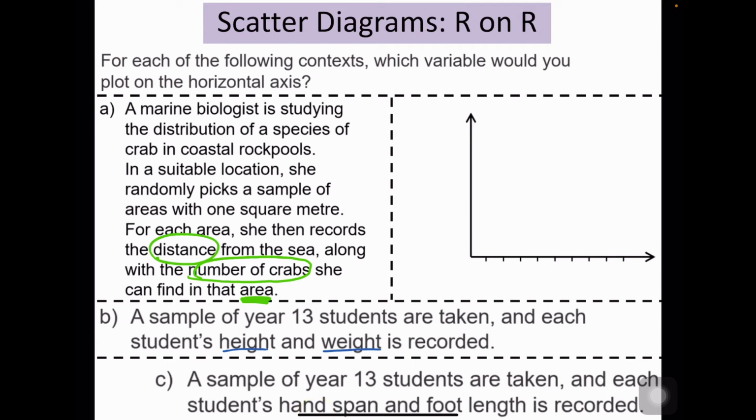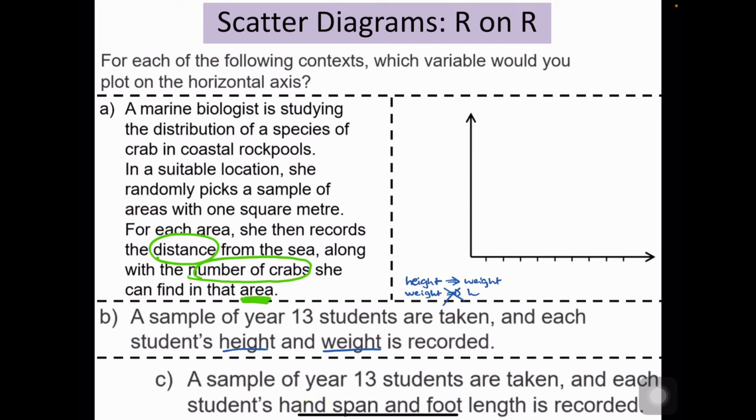And I'd actually think of it like this. Height, the taller you are, the more you weigh. So height does impact weight, whereas with weight, the more you weigh, it doesn't necessarily mean you'll become a taller person or a shorter person.